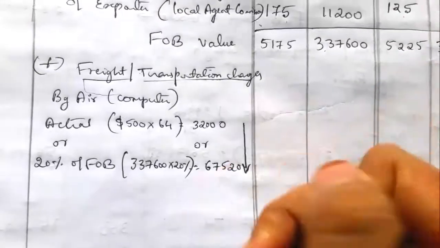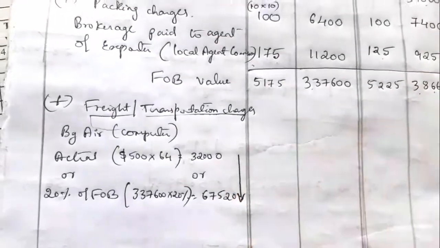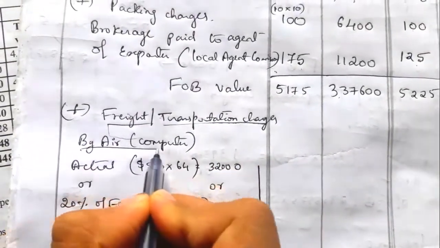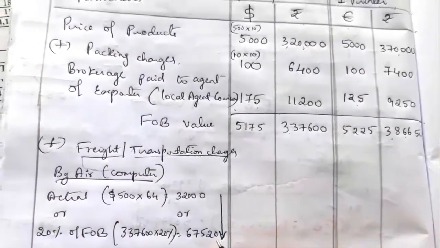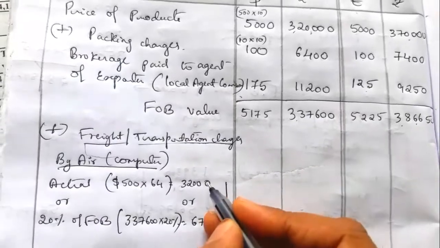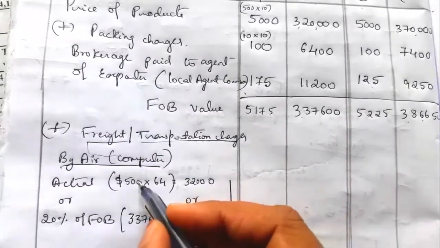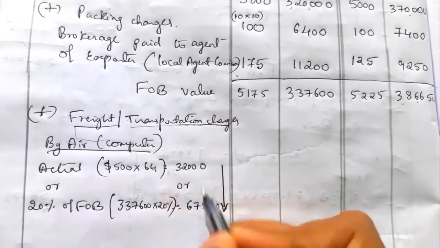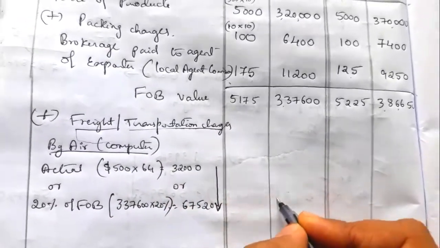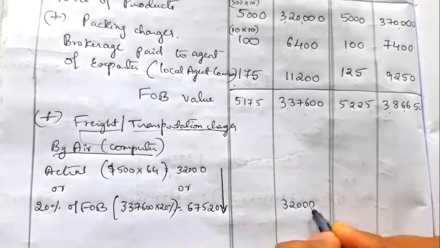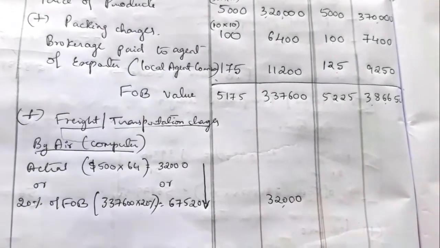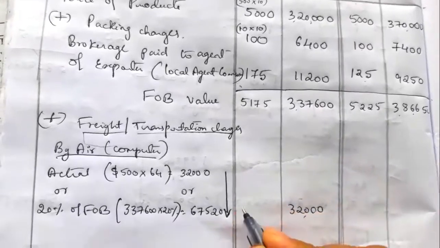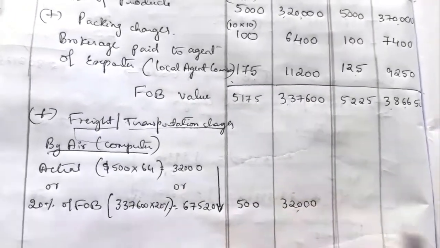So whichever is least is equal to 32,000, we can take 32,000 for the computer. So only for computer it is. It is in the form of rupee value. We have converted into 64, so we have to take the value in the rupee column, 32,000. Actual itself we have considered because it is the least value. The actual value in dollar given in the illustration is $500.